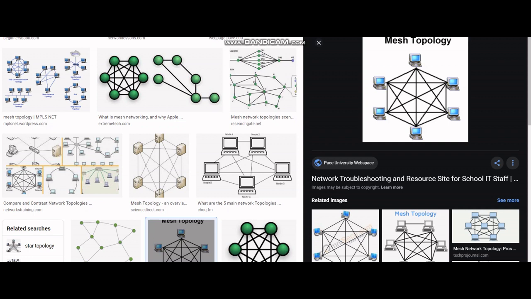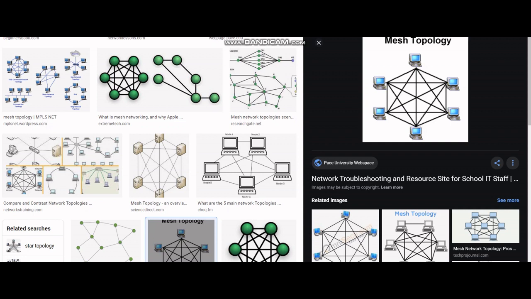are fully interconnected. As you can see from the picture, it has a web-like structure, which offers two different methods of data transmission: routing, I hope I've pronounced that right, and flooding.